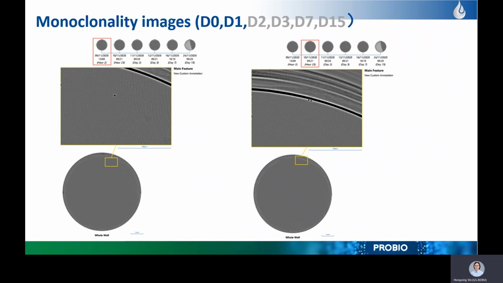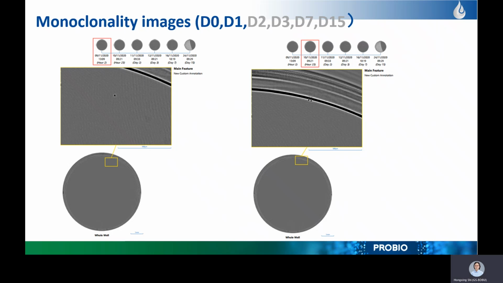Here are clone images that are taken at different times after cells are distributed into 96-well plates. There are 2 pictures at each time point. One is a picture of the whole well, and the other is a magnified picture of the cell location.